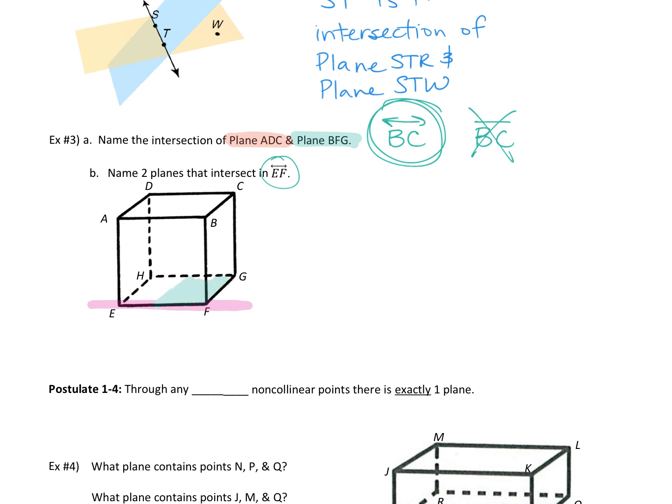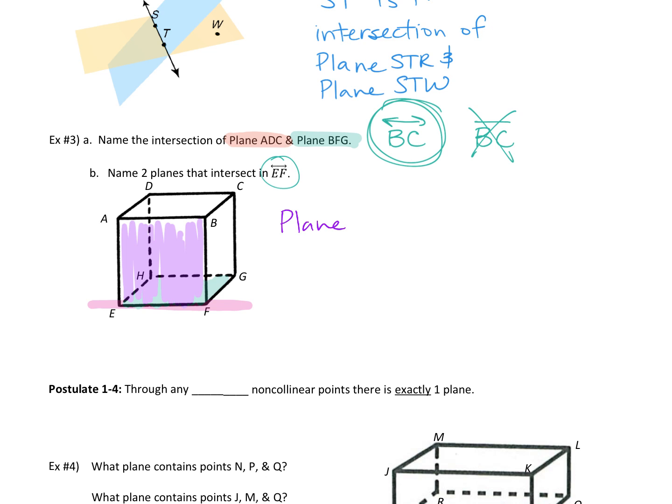This plane here uses line EF, right? That's our bottom plane. This plane here also uses that EF line. So if we're trying to name those 2 planes, the purple plane, how could you name the purple plane for me? Anybody, just tell me.